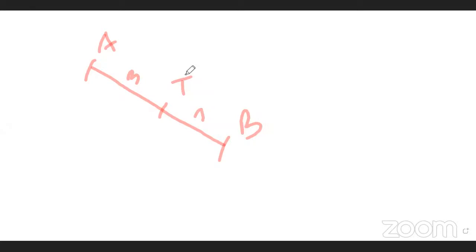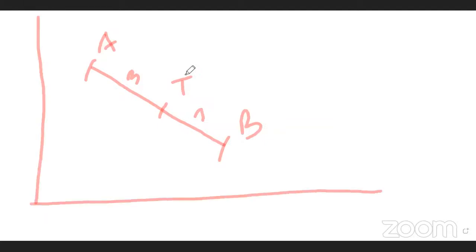Now, OA is some position vector of point A. Then OB will be the position vector for B, O being the origin of the Cartesian plane.